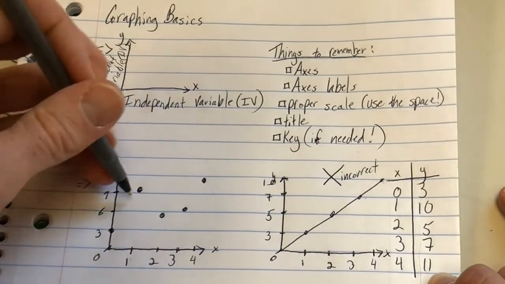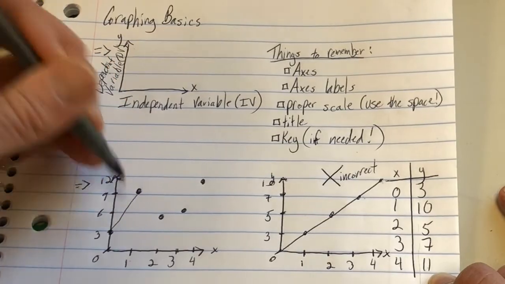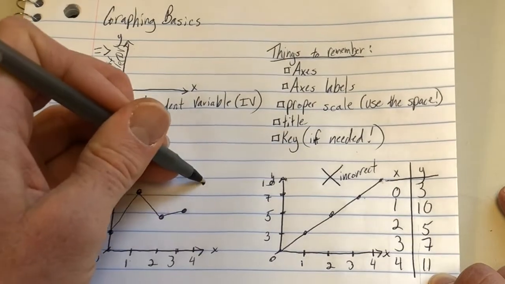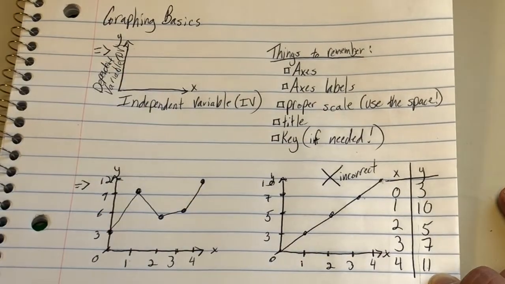Okay, now in science you also connect the dots using a ruler or a straight edge. I'm not going to right now just because these are our notes and I'm not actually doing it on graph paper, but you would always use a ruler.